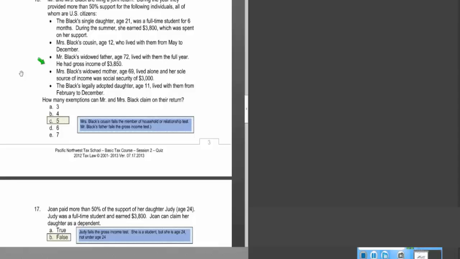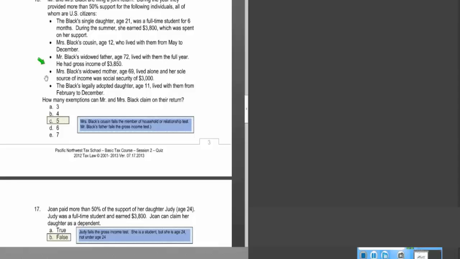He's not a qualifying child, so we move over to qualifying relative designation. He is the father. They are related, but now we have to look at the gross income. Mr. Black's widowed father earned $3,800 or more, so he fails the gross income test, and he cannot be considered a dependent on the return, and there will be no exemption for the father.